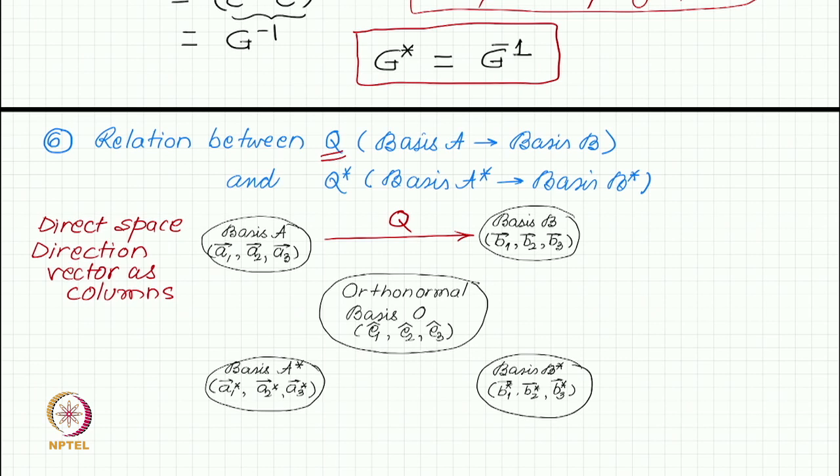So, the job of Q is to give you xB, yB, zB from xA, yA, zA, where xA, yA, zA and xB, yB, zB are components of the same vector, but referred to different coordinate systems, different bases A and B, and Q is my transformation matrix which does this magic.